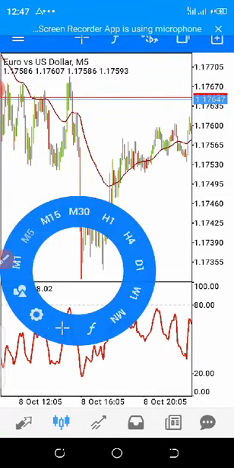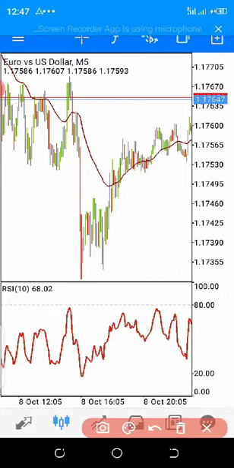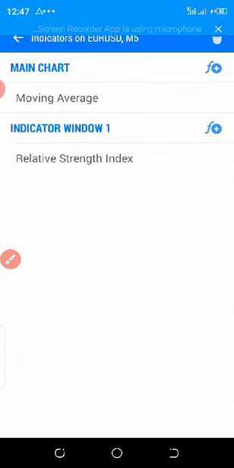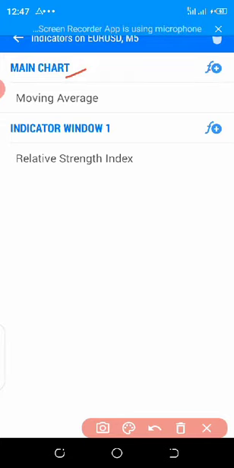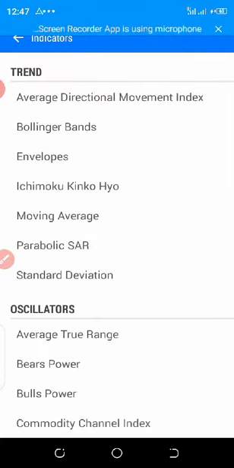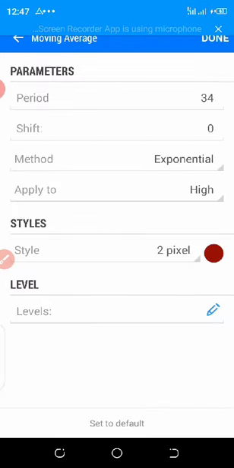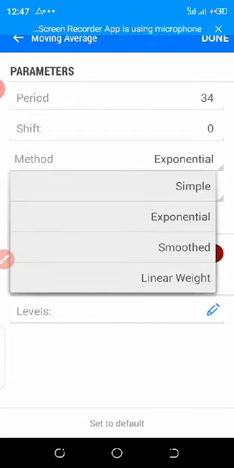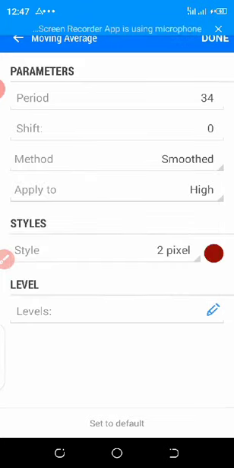We go back to the F button again. Click again. Go to main chart as previously. When you go to main chart, click. Go to moving average. The period, you leave it at 34. The shift, you leave it at 0. The method, which was exponential, you change it to smoothed.